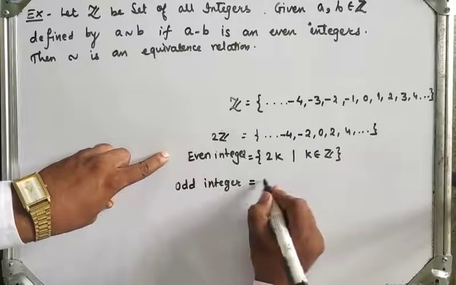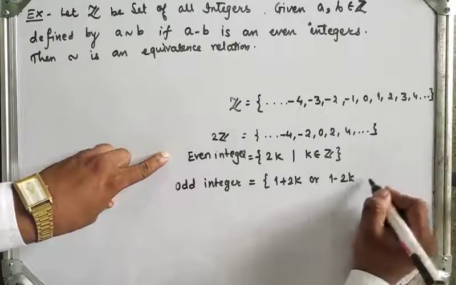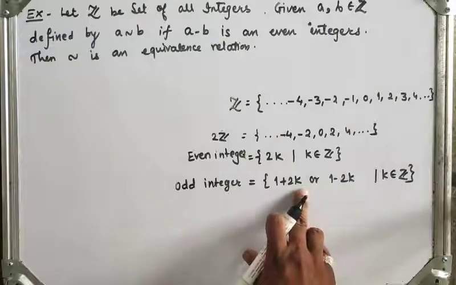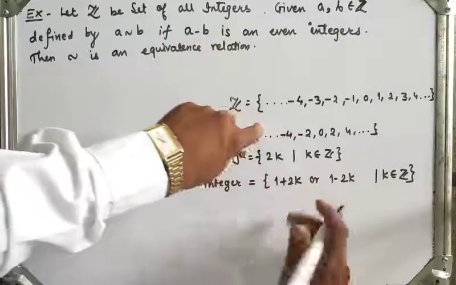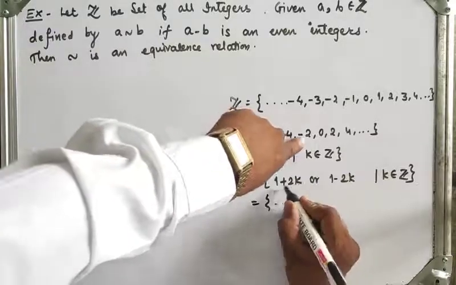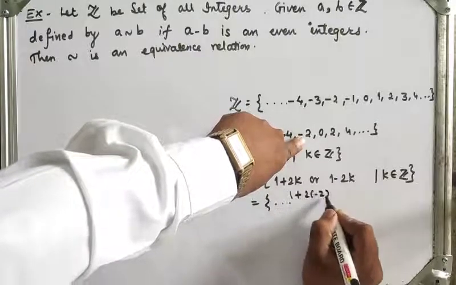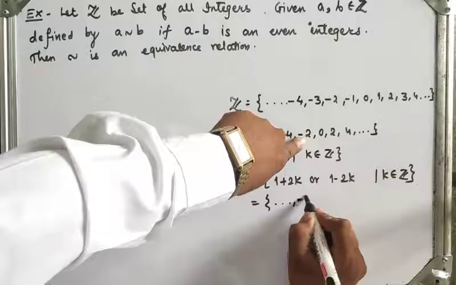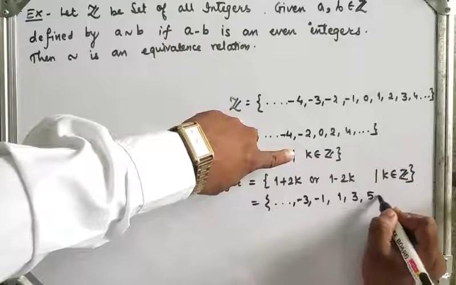Now odd integers, in general form, are of the form 1 plus 2k or 1 minus 2k where k belongs to the set of integers. If I put values from the set of integers for k, suppose -2, then 1 plus 2 into -2 is -4 plus 1, so what will I get? -3, -1, 1, 3, 5 and so on.